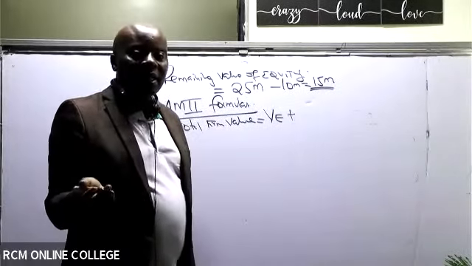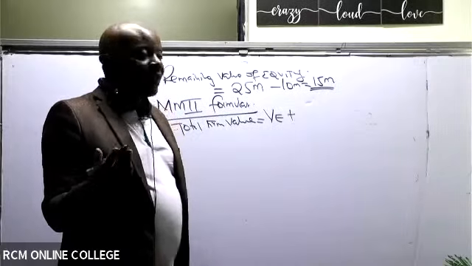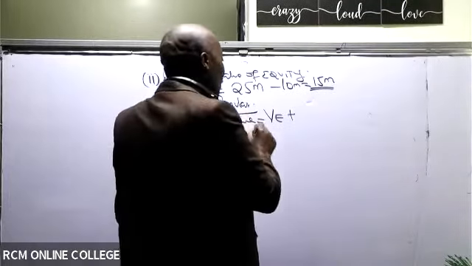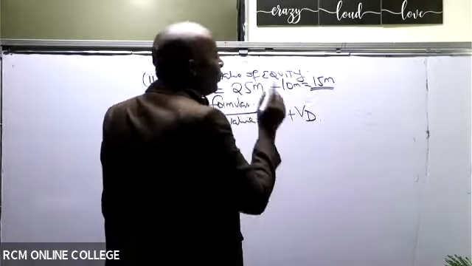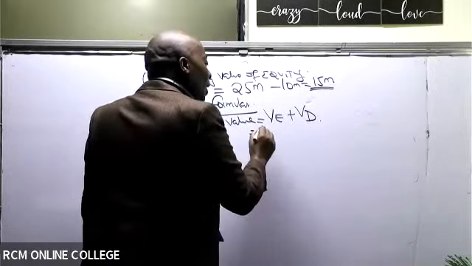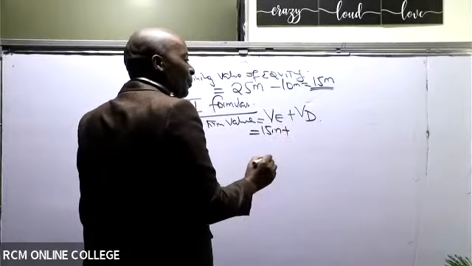So the total firm value will be value of equity plus value of debt. After the repurchase, the value of equity left is 15 million.